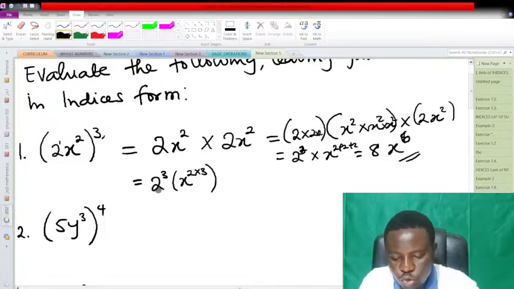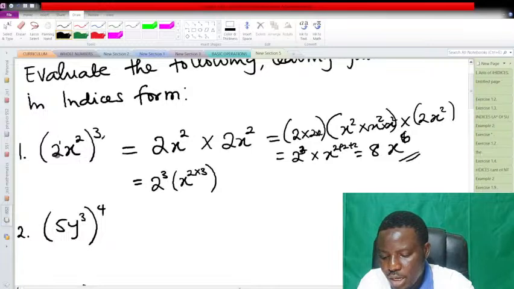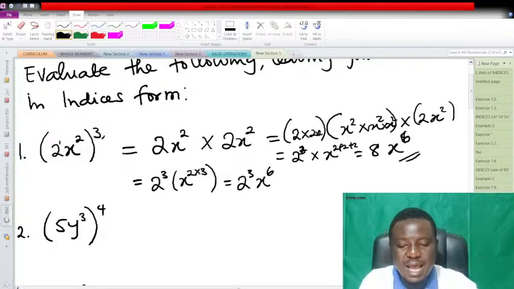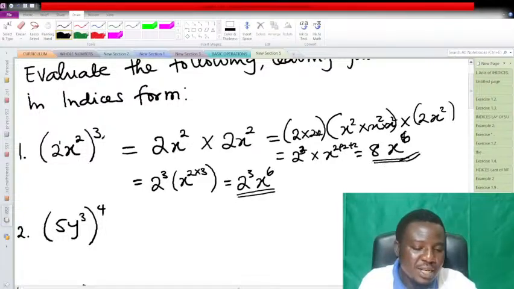That is why I have to cube this. This is 2 raised to the power of 1, which gives me 2 raised to the power of 1 times 3, which is 3. And this is x raised to the power of 2, which is x raised to the power of 2 times 3, which is equal to 2 raised to the power of 3, x raised to the power of 6. Since we are asked to leave it in indices form, this is what you get. Otherwise, you leave it in ordinary form, which is this.